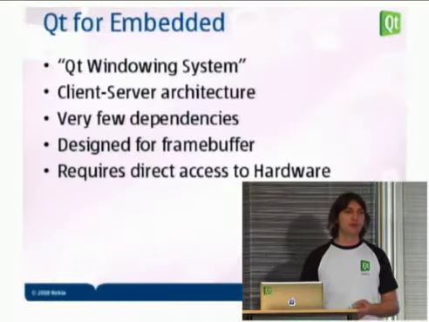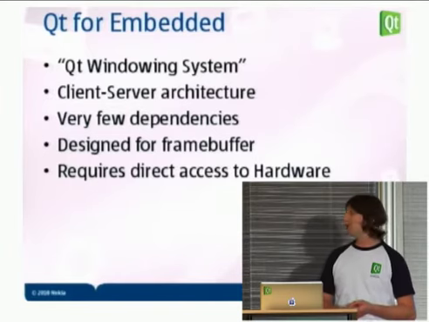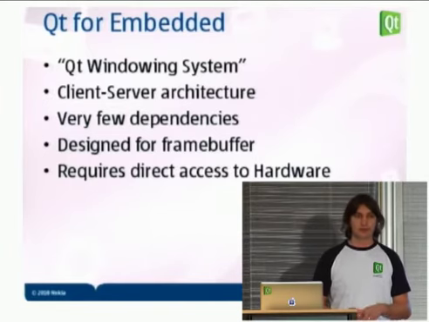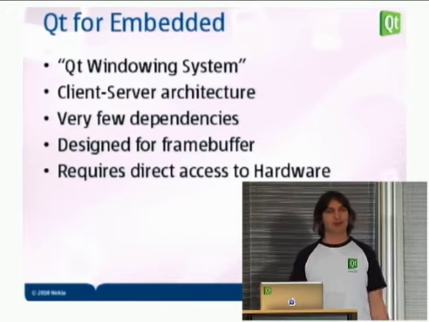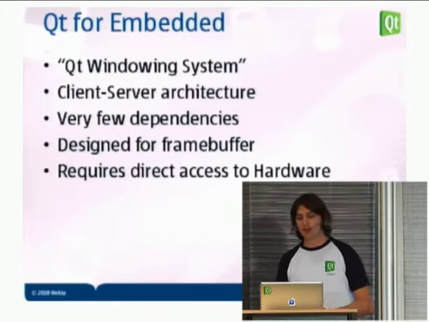The first flavor that I'd like to introduce is Qt for embedded. Officially, it's called Qt for embedded Linux, but since it's also running on Unix, VxWorks, and Integrity, I prefer that term because it's not only Linux. Qt for embedded is a complete Qt port, so it comes with its own windowing system, the Qt windowing system, QWS.